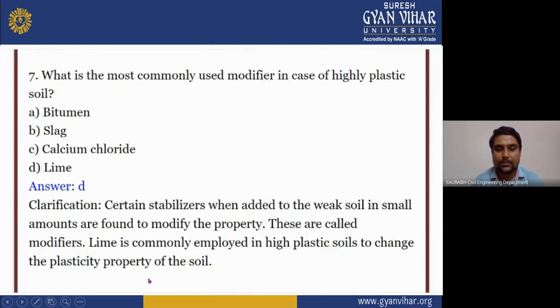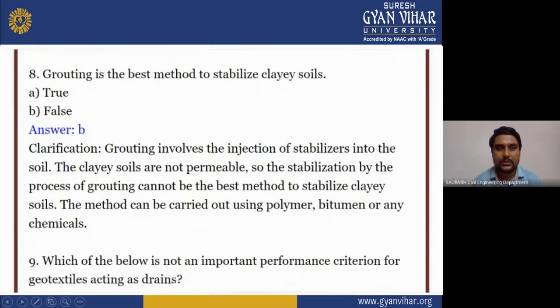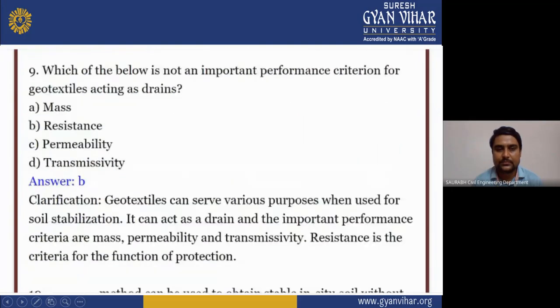Lime is commonly employed in highly plastic soil to change the plasticity properties of the soil. Let's come to the eighth question. Grouting is the best method to stabilize clay soil. True or false? It will be false.